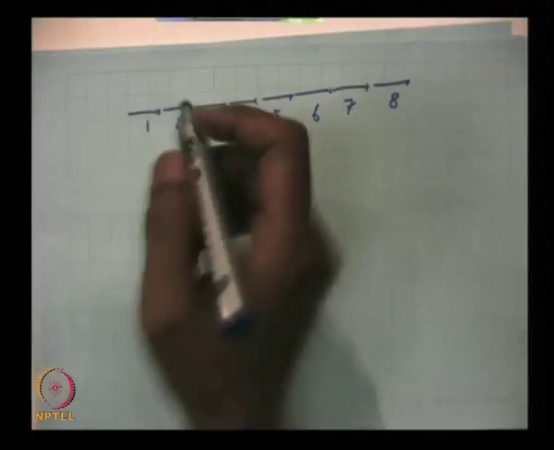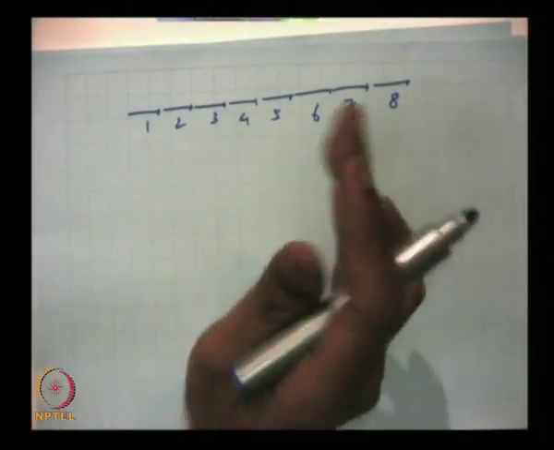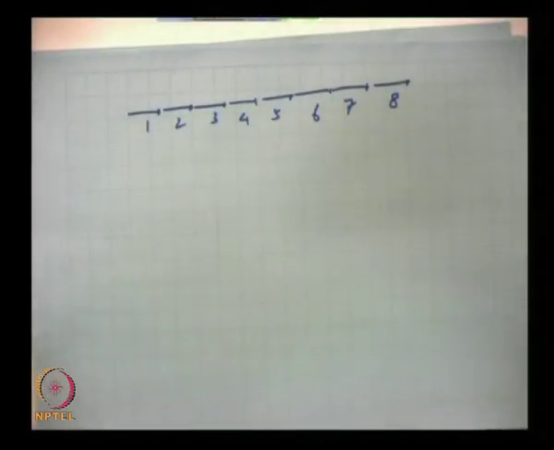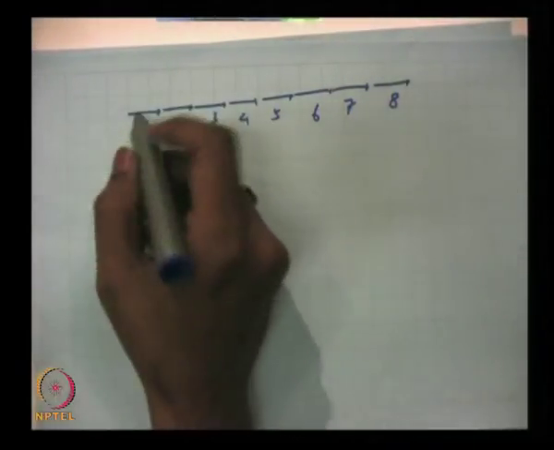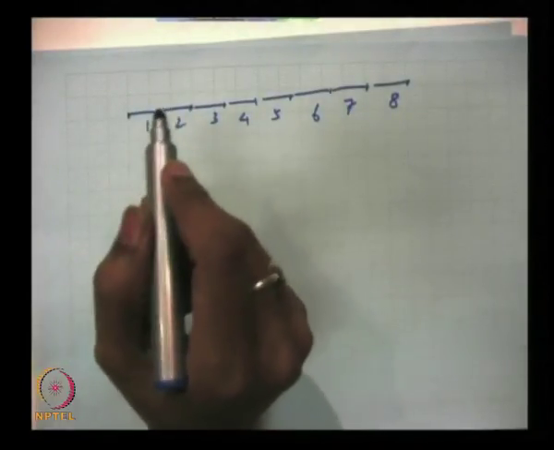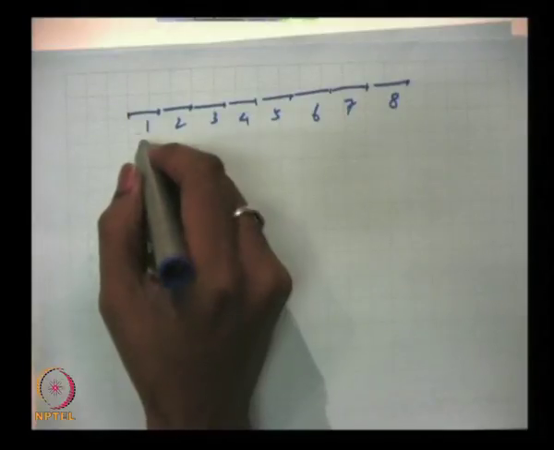I will define a kind of a tree structure associated with these intervals. So, I will treat these 8 intervals as leaves of the tree, let us say.